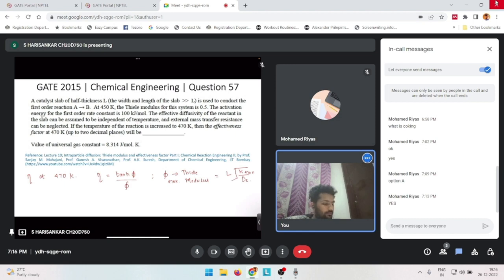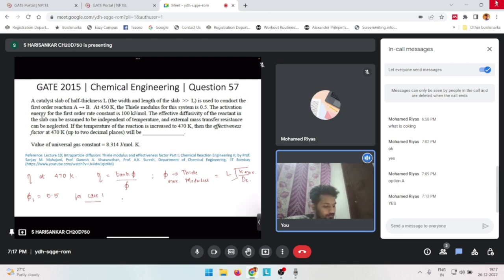So let us write down the data they have given us in this question. The first data they have given that Thiele modulus is equal to 0.5. Let's say this is Thiele modulus for case 1. So Thiele modulus phi 1 is equal to 0.5.